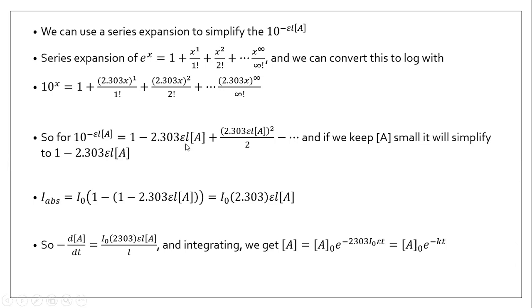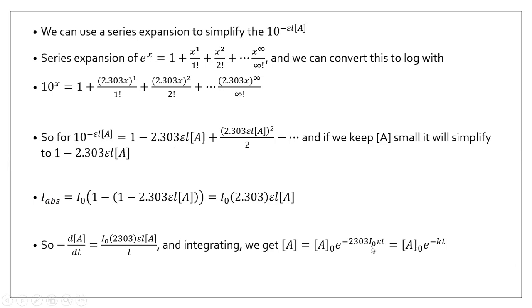So we can make this assumption. The initial absorption is I0 times 2.303 epsilon L A. Plugging that in, the path length goes away.